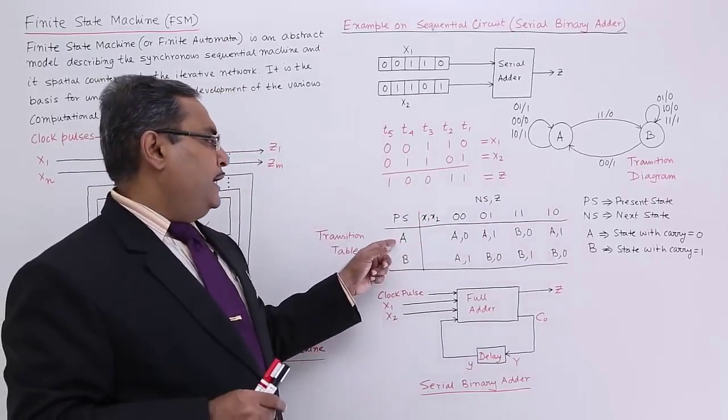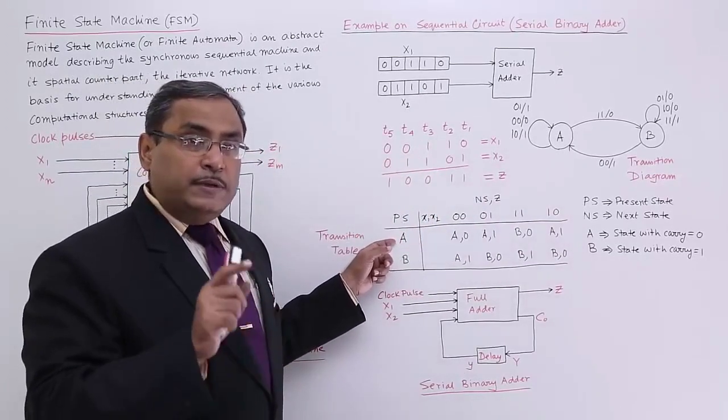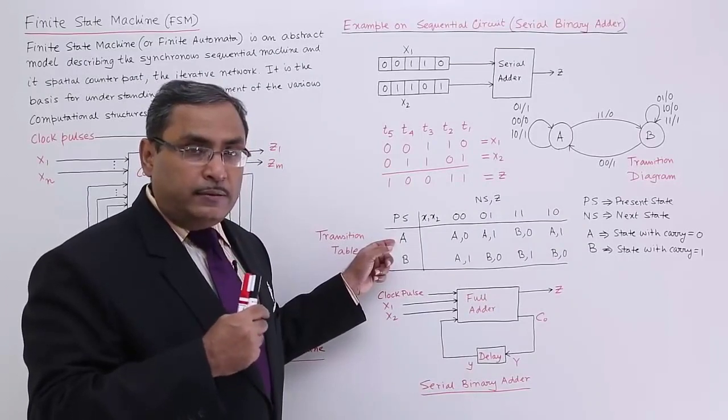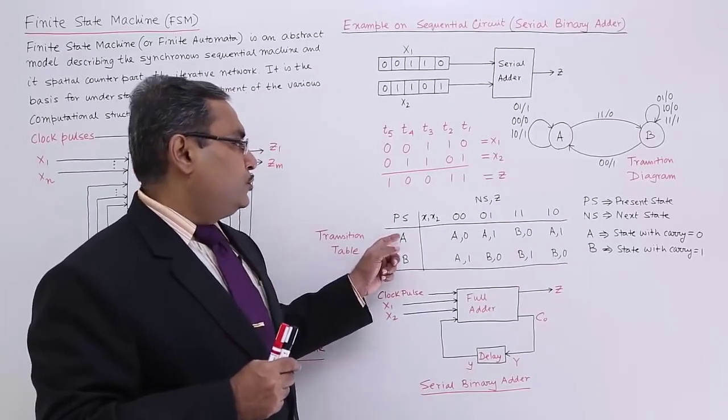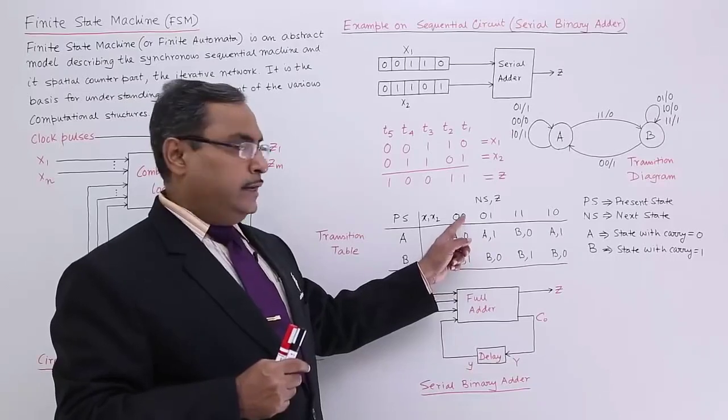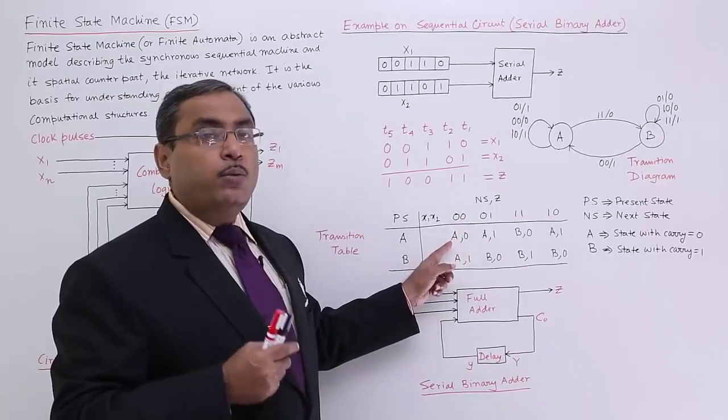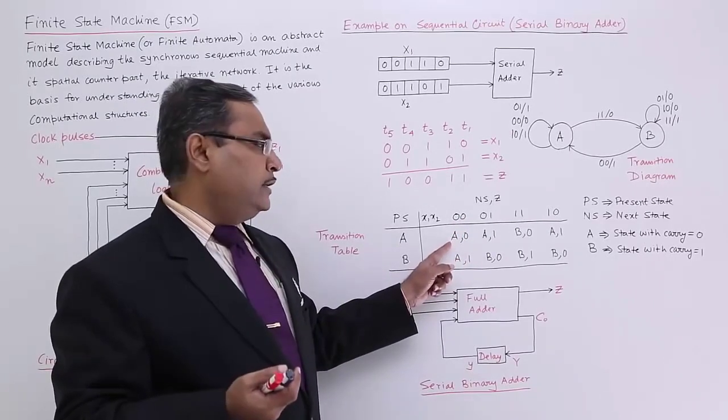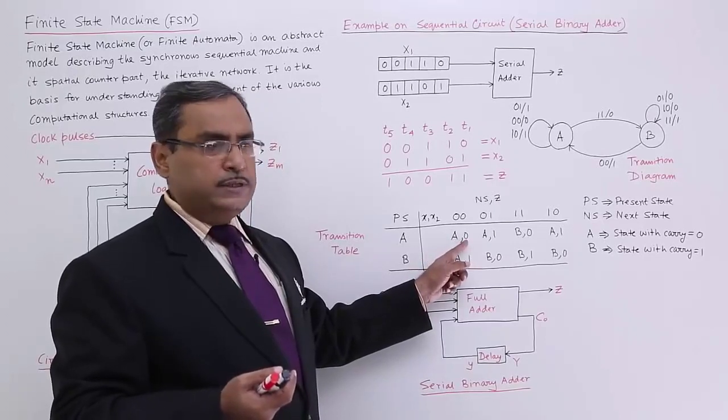See, if I am at state A, that means my previous carry is 0. Now if I get 0 0, then I shall remain in state A, because no carry will be generated and the sum bit will be 0.